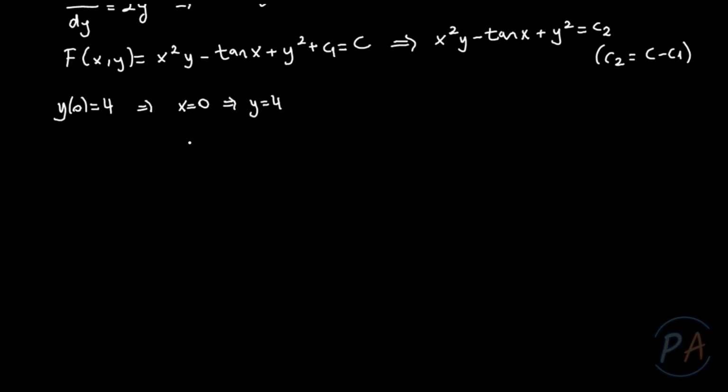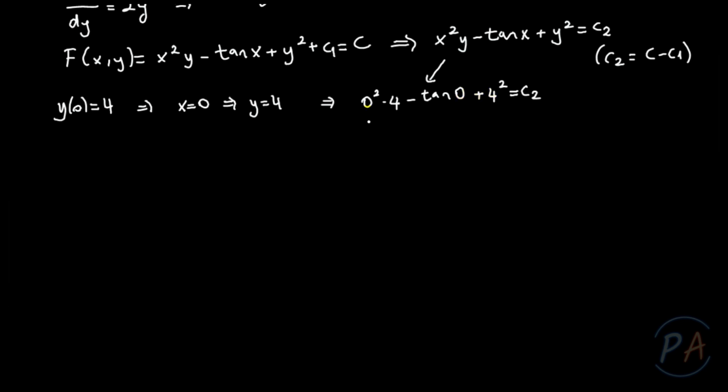That is, when I substitute 0 here: 0² times 4 minus tan 0 plus 4² equals c2.